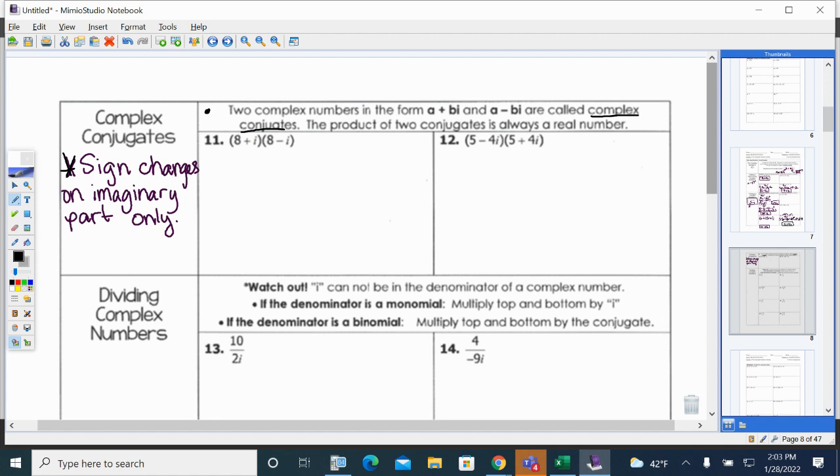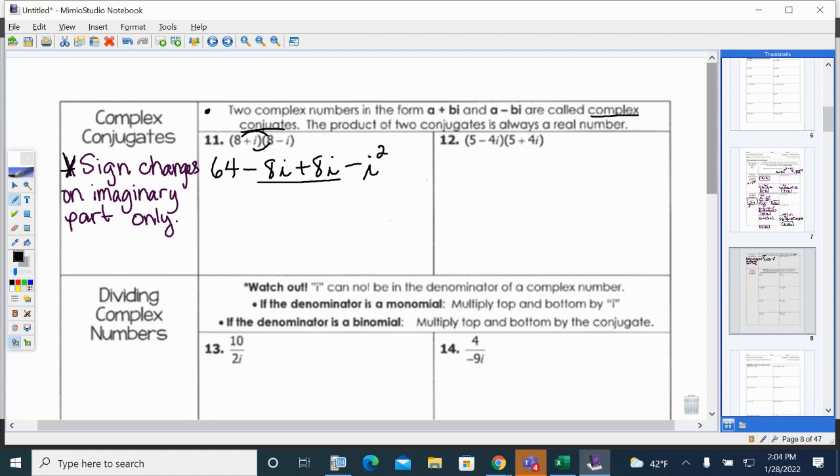So I'm going to work number 11. Same process as you saw on the previous page. 8 times 8 is 64. 8 times the negative i is negative 8i. And then the i times 8 is a positive 8i. And then i times negative i is a negative i squared. So notice here in the middle, this is why the i's are going to go away and you're going to be left with just a real number answer.